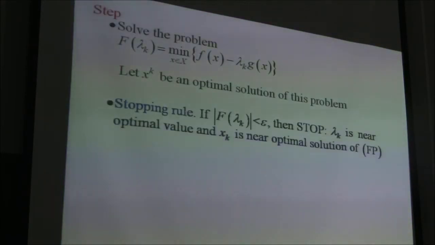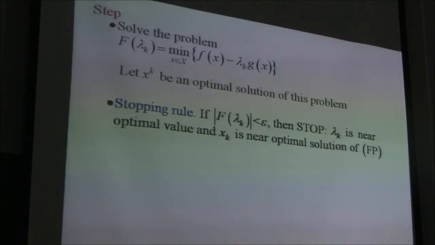Then the stopping rule is the following. You try to find the zero of f of lambda. If f of lambda k is close enough to zero, according to the tolerance specified by the user, then we stop.